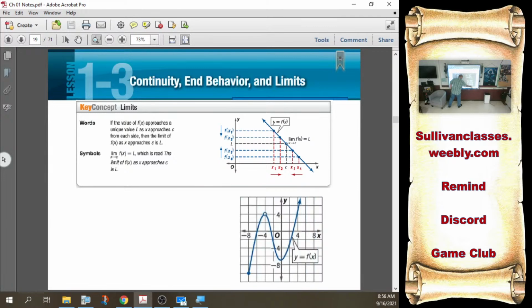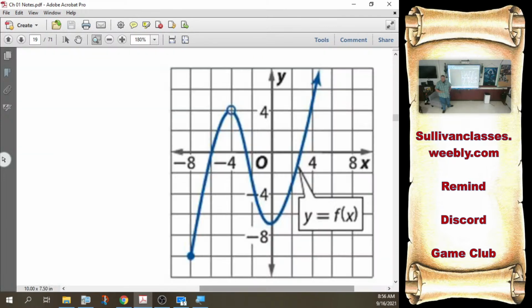And down here, when we first talked about limits, I would like you to argue out with your neighbors, what is the end behavior of this function? Go. What is the end behavior of this function? How do you write the end behavior as limits? Argue it out. I want to see what you come up with.